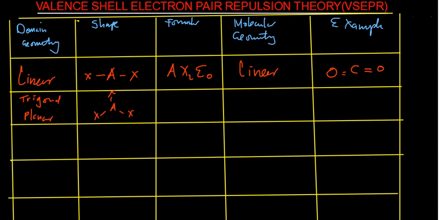The bond angle they are making here, to have maximum distance away from each other, is 120 degrees apart from each other. So the formula for that one is AX3. There are no lone pairs of electrons, it's E0. So because there are no lone pairs of electrons, even the molecular geometry will be called trigonal planar.